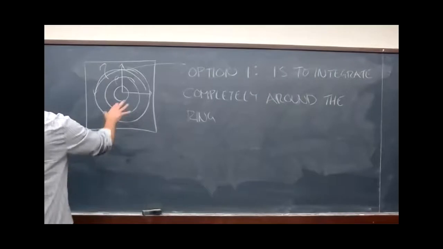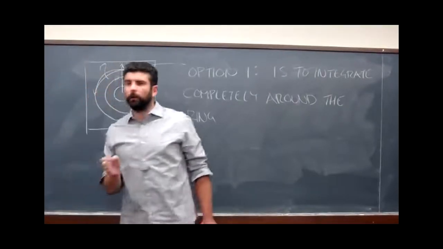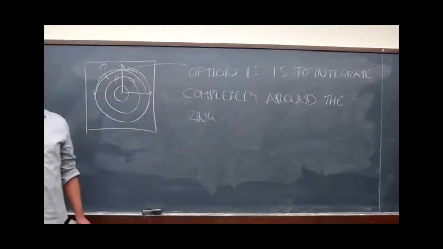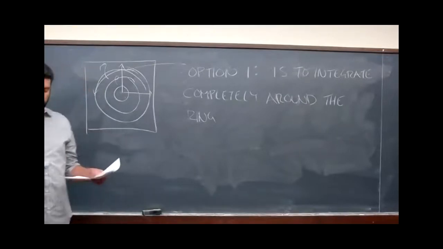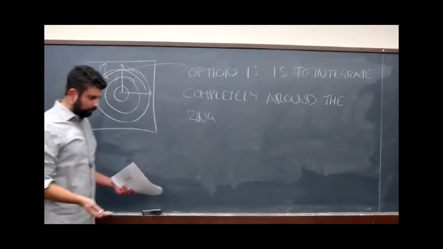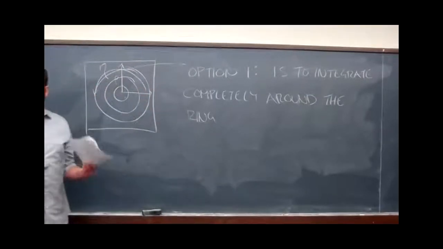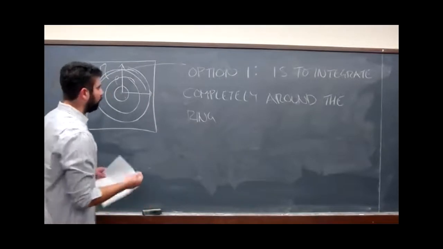So we can integrate all around the ring if we know that the state of the material does not have any angular dependence, or lattice planes do not respond differently or have different probabilities of being present as a function of the sample coordinate system.